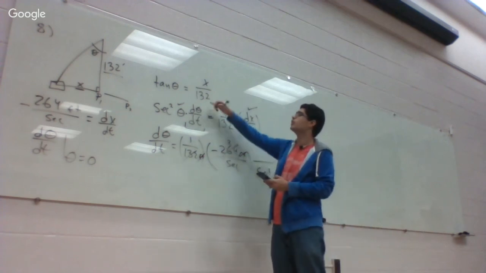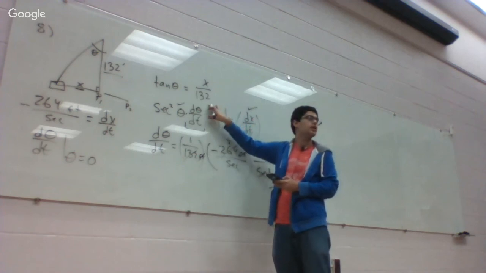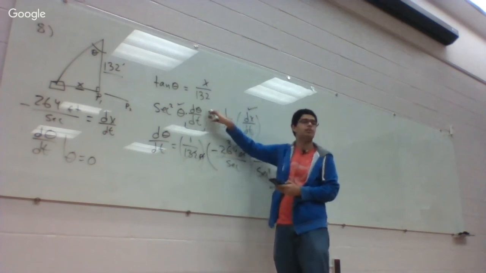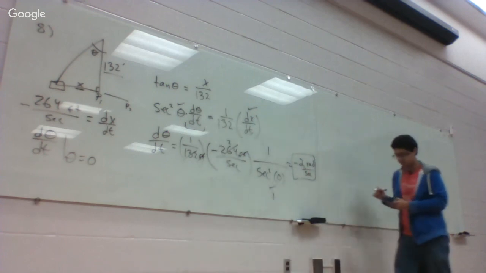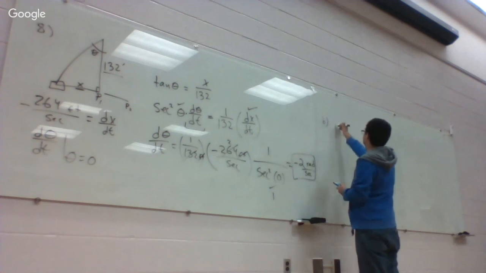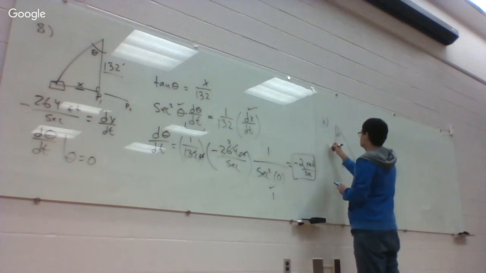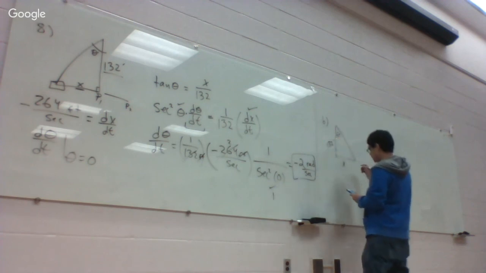The main idea was finding a formula that we can work with: tangent of theta equals x over 132. For part B, we can draw another diagram, with theta, x, and 132.